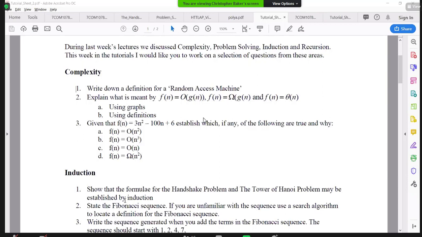We need this idea when we look at complexity, because the whole point of big O notation and the complexity of algorithms is that you don't care what machine it's on. We don't want to think about what machine it's on, because obviously some machines are quicker, some slower. With the random access machine model, we can just assume that each step is instantaneous.